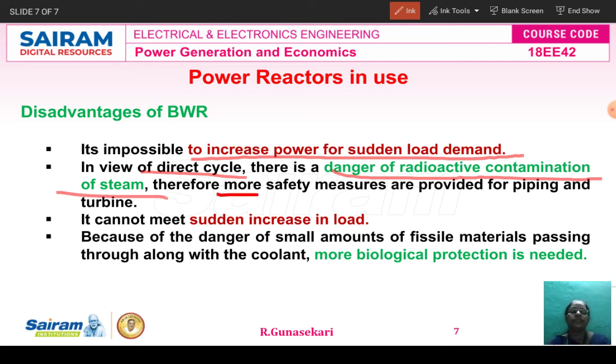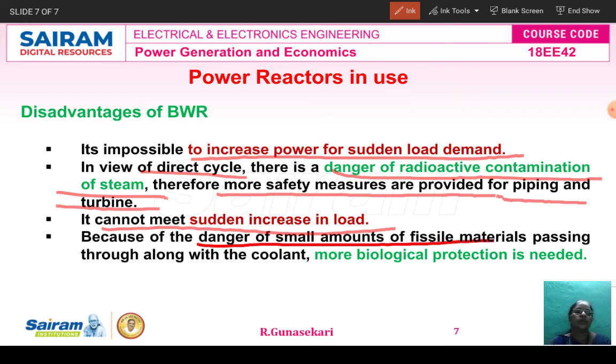Therefore, more safety measures are provided for piping and turbine. This type of reactor cannot meet a sudden increase in load because of the danger of a small amount of fissile material passing along with the coolant.